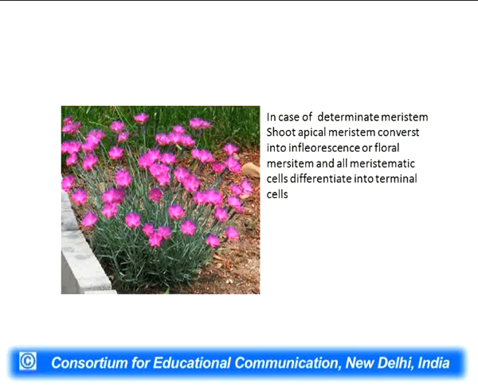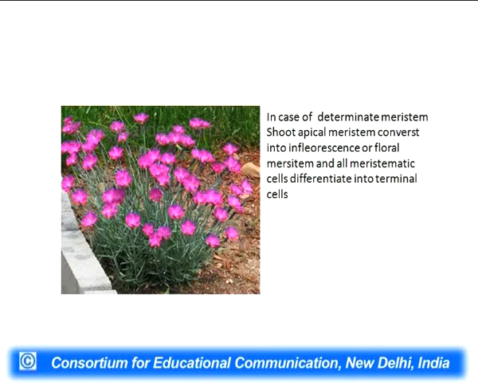So, in short, a determinate meristem is one where no meristematic cells are left aside in a meristematic form, and all the cells of the meristem are differentiated completely.